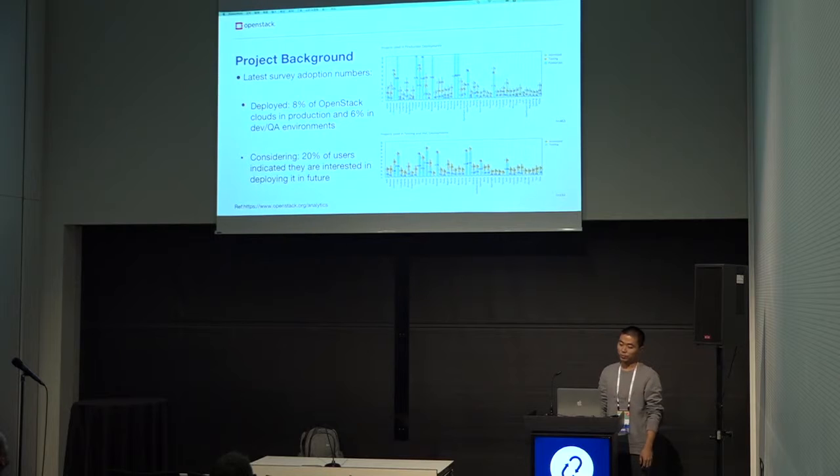Some project background from the latest survey adoption numbers. There are about 14% of users who have deployed Murano. Among them, 8% of the Murano users are using it in production environments, and 16% in dev or QA environments.